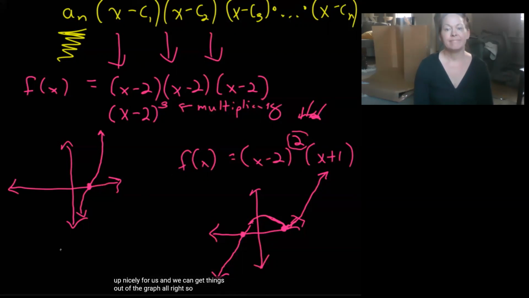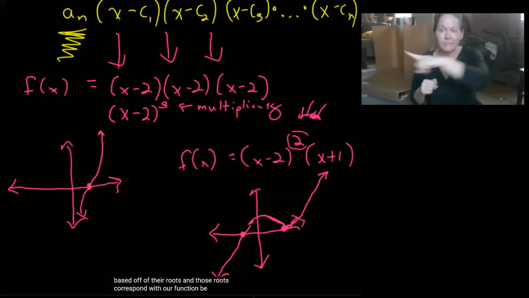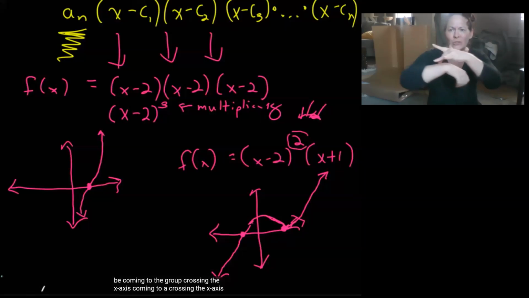All right, so our idea here is that we have these functions. These functions allow us to build different parts of this out, based off of their roots. And those roots correspond with our function crossing the x-axis, or coming to the x-axis.